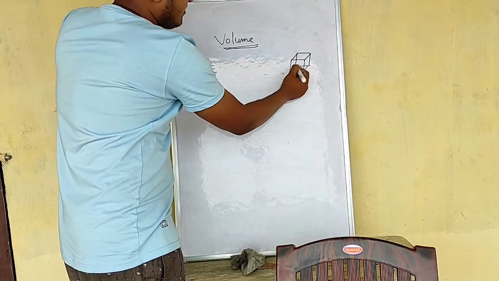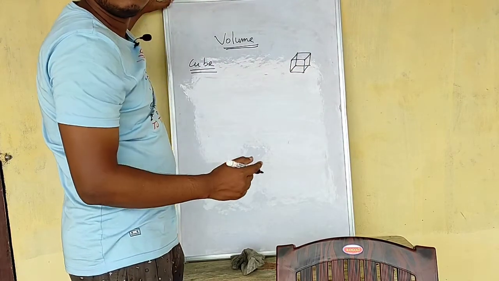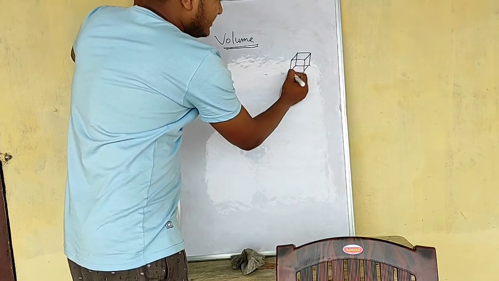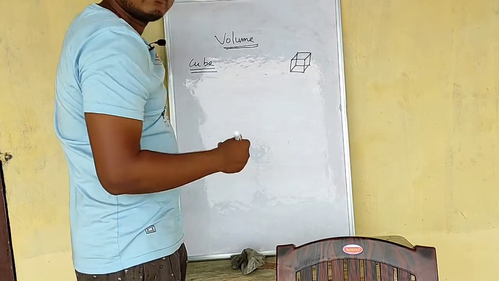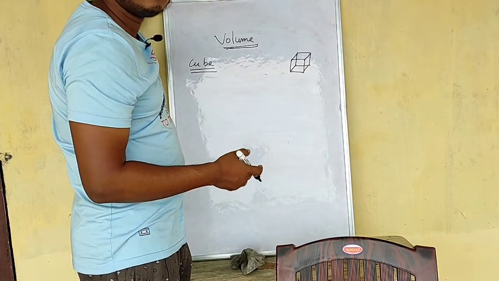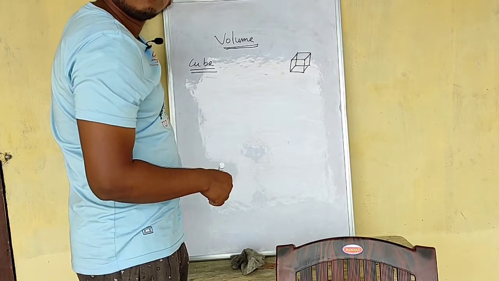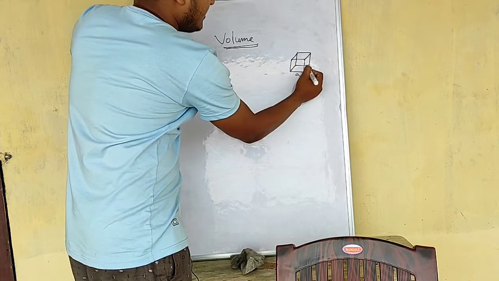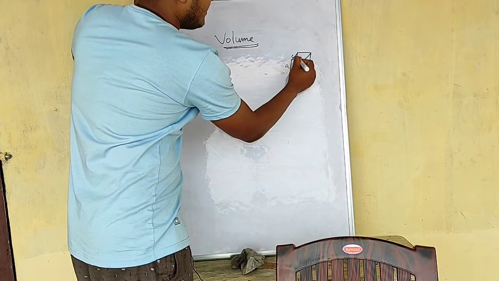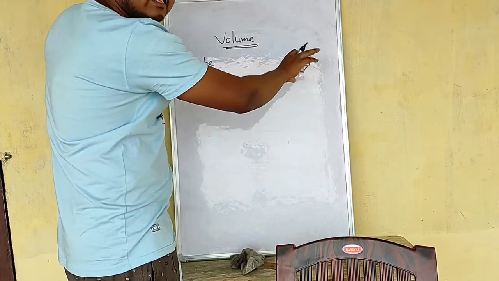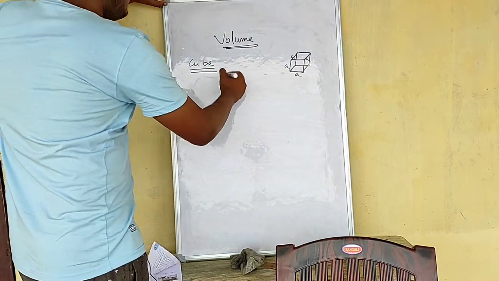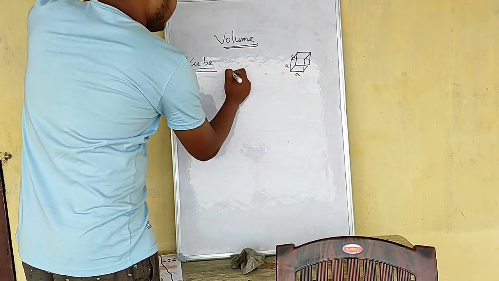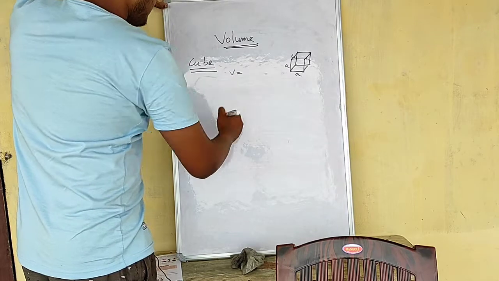Like this is a cube, and in a cube all the sides are equal. Like we have discussed in the first part that in a square all the sides are equal. Like that in a cube all sides are equal in length. So if you have to find the volume of a cube, then the formula will be what?